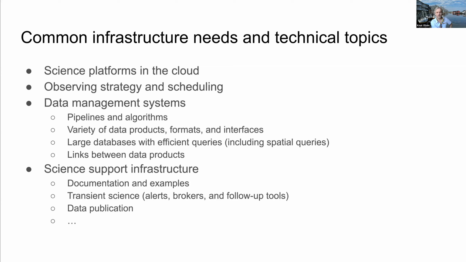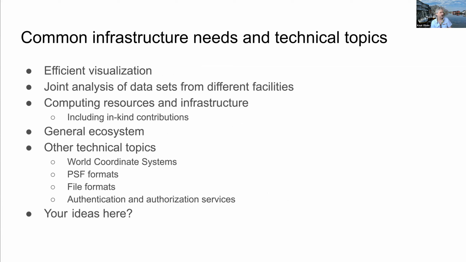Various tools for transient science that are both being built as part of the project and through the science collaborations, and things like data publication. So once users get results from either Rubin or Roman and add to it through other data sets, they may want a place to put those and others.